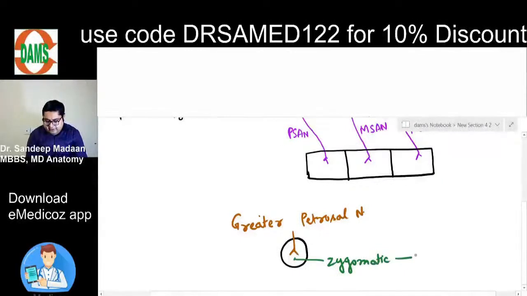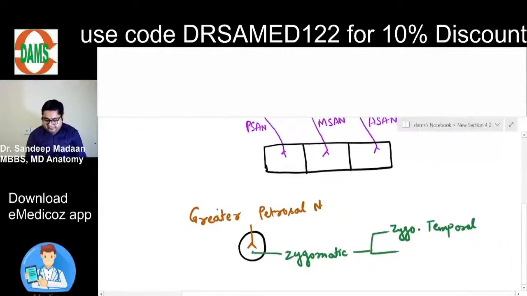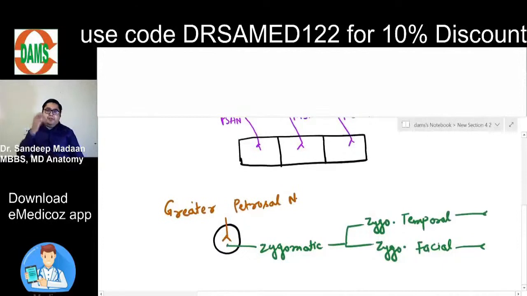Zygomatic nerve actually divides into 2 branches, zygomaticotemporal and zygomaticofacial. Both of them are going on their own pathway. Zygomaticofacial and zygomaticotemporal have their own region to supply.